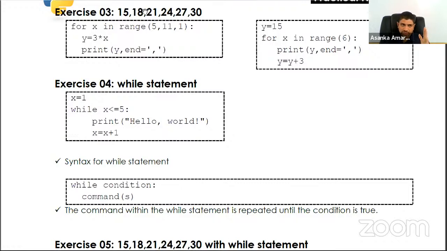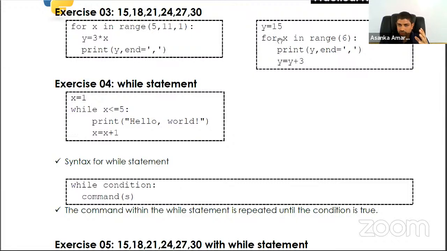If you know the previous one, by adding 3 to it, we can generate the new one, right? So the initial value is 15. We are going to print 15, then add 3 to 15: y plus 3 is y. Therefore the new value of y is 18, and 18 is printed.